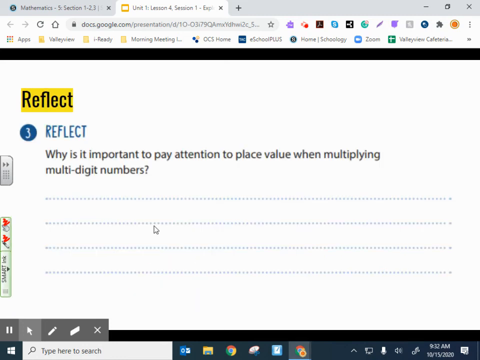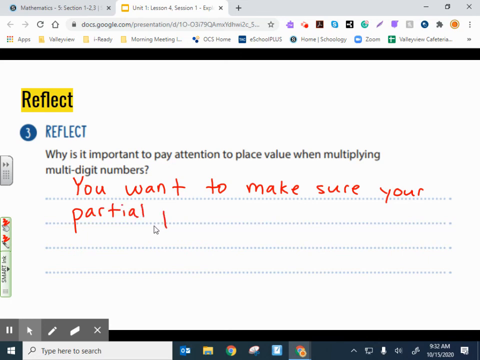Okay, and lastly, why is it important to pay attention to place value in multiplying multi-digit numbers? Here's why. You want to make sure your partial products have the right amount of zeros. That is quite often the biggest issue with multiplying multi-digit numbers, having the right amount of zeros with those partial products as you build them underneath the standard algorithm.